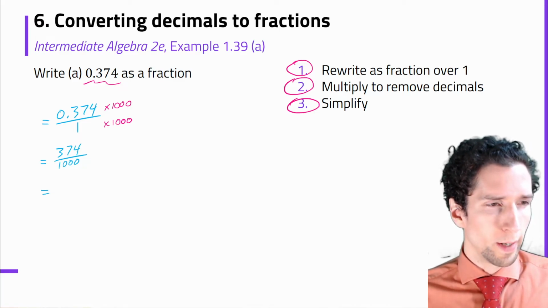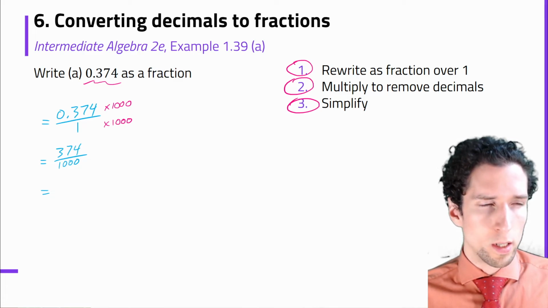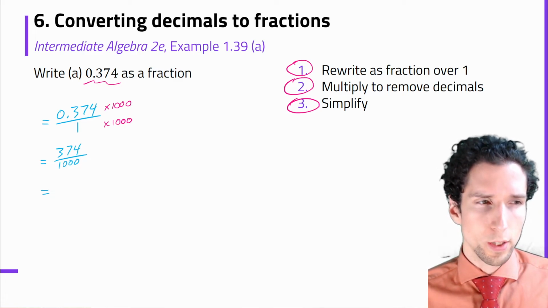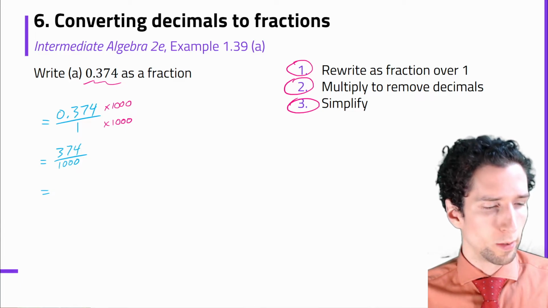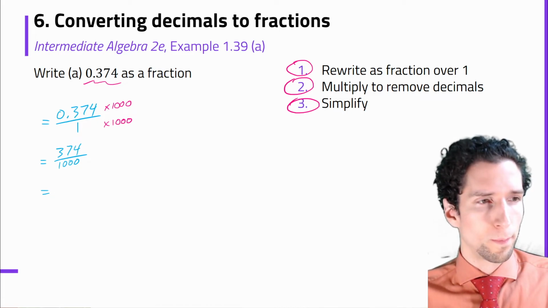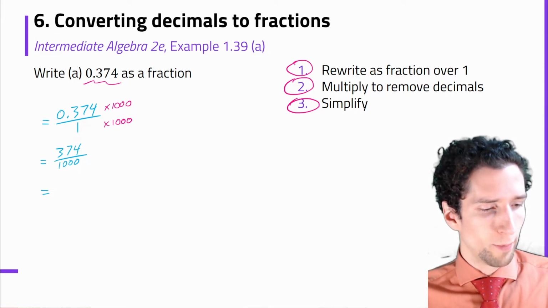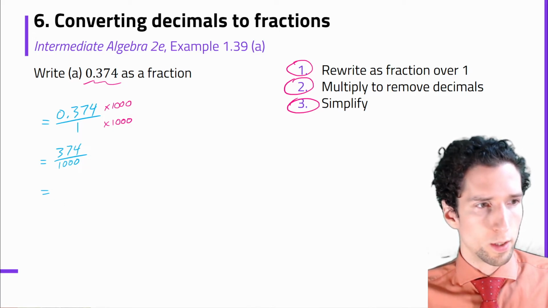I don't see a factor of 5 or 10, not 4, but at least 2. We can take out a common factor of 2 here. So 374 divided by 2: if I look at the complement with 400, that's 26, half of that would be 13, so 200 minus 13 would give us 187.